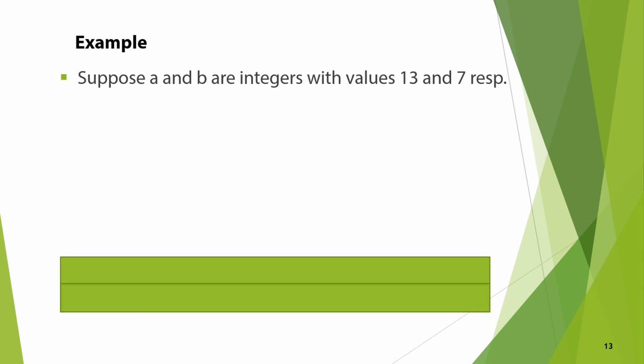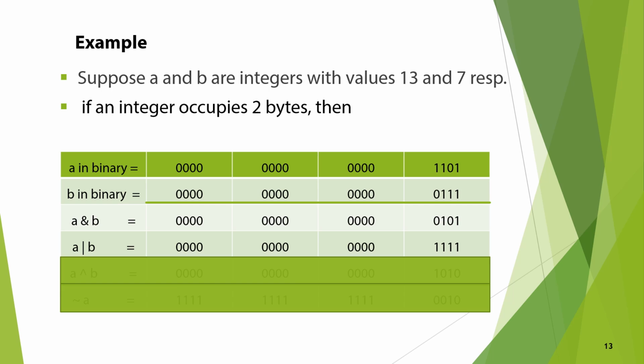Now we will discuss one example for bitwise operators. Suppose we have two integers a and b and their values are 13 and 7 respectively. If an integer occupies 2 bytes, then a and b in binary form are shown in the table, and as it requires 2 bytes, it is represented in terms of 16 bits.